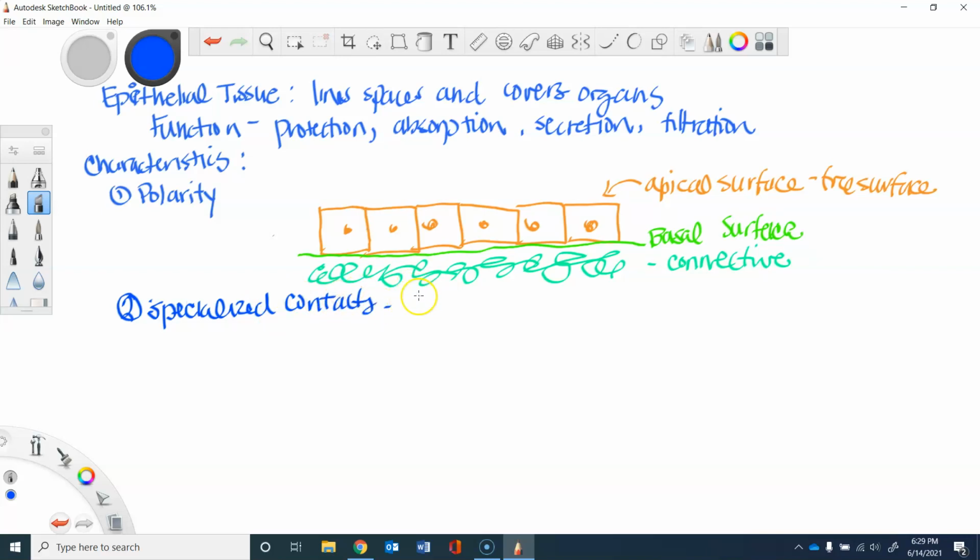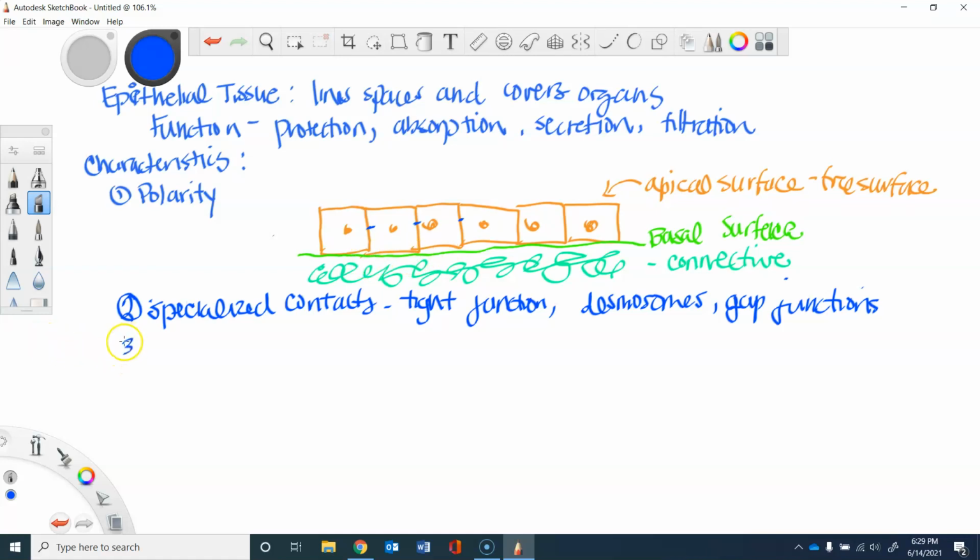So that means the tight junctions, desmosomes, and gap junctions that we talked about in the cell chapter. So that's how they are linked together. So remember, tight junctions hold the cells together and make them impermeable. Desmosomes hold those cells together so that they are anchored against mechanical stresses so they don't come apart. And then gap junctions allow for communication between those cells.